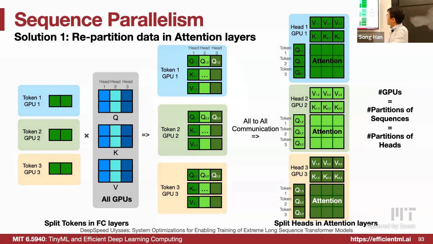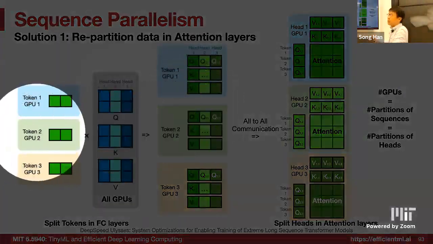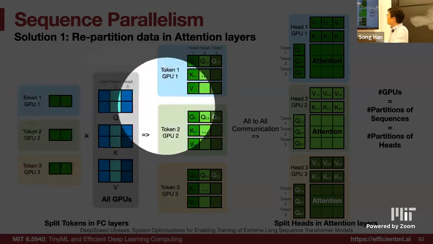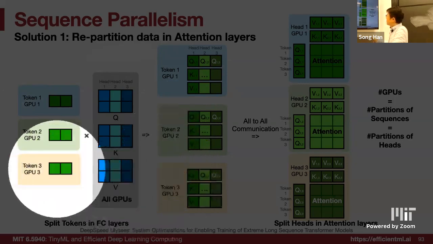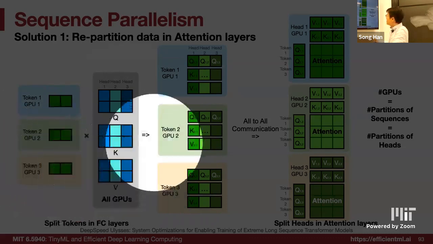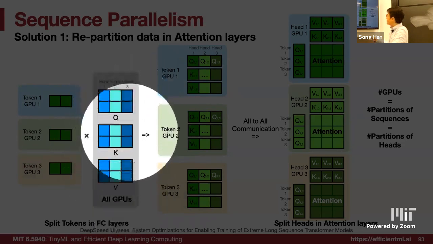GPU2 is responsible for the second part of the token, the background is in green. And the third GPU is responsible for the third part of the token, the background is in yellow. GPU 1, 2, 3 all share the same QKV transformation matrix.